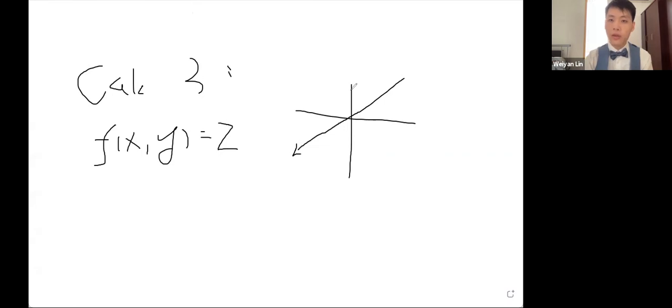Right. So first of all, we have an xyz coordinate system, x, y, and z. Okay, and the graph for this particular function would look something like this.